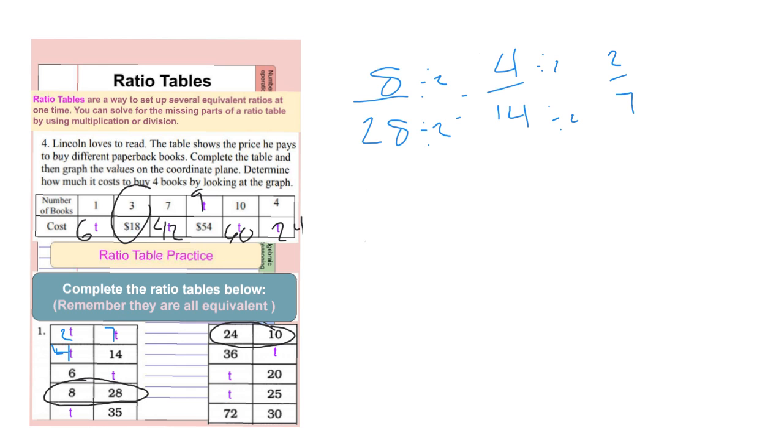So you can see it's kind of going by 2s. Okay, so we had 8 and 28. If 2 is 7, then 10 would be 35, because 2 times 5 is 10 and 7 times 5 is 35. So 10 is going to be our blank down there.